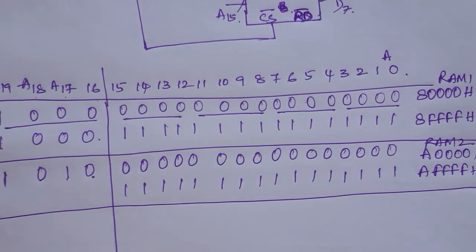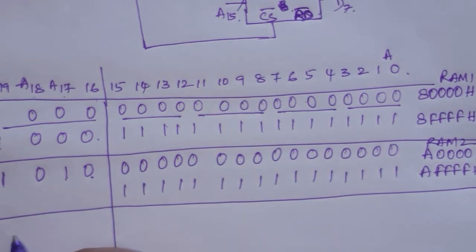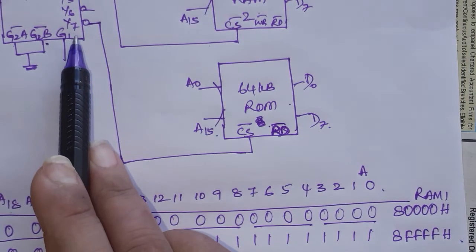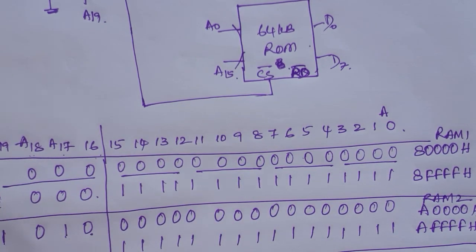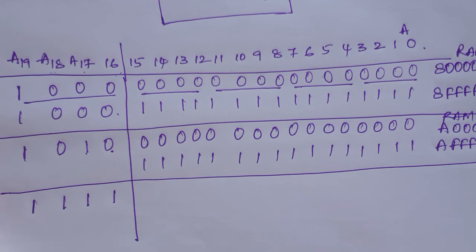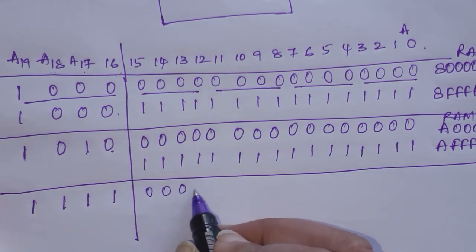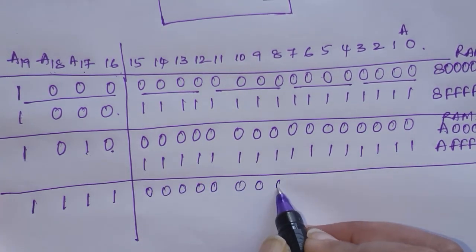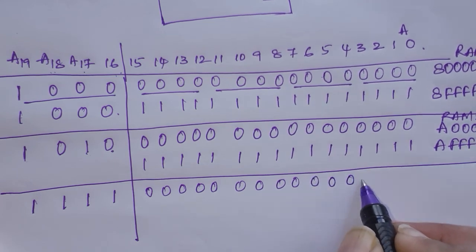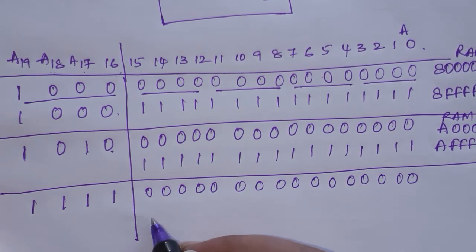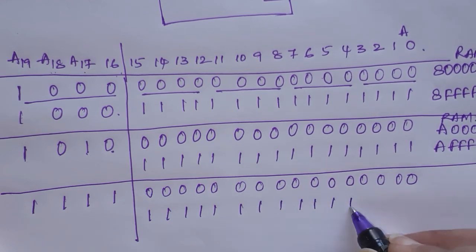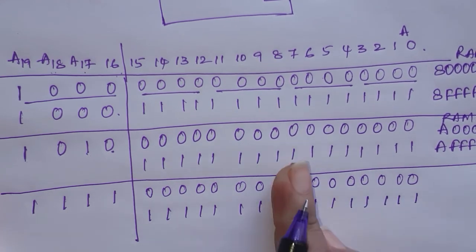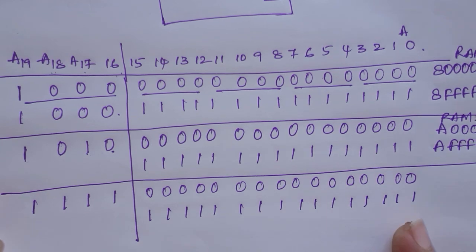So what will be the address range for the ROM chip here? A19 must be 1. The ROM is connected to Y7. Y7 means all bits equal to 1. All bits 0 will be the start address, all bits 1 will be the end address.